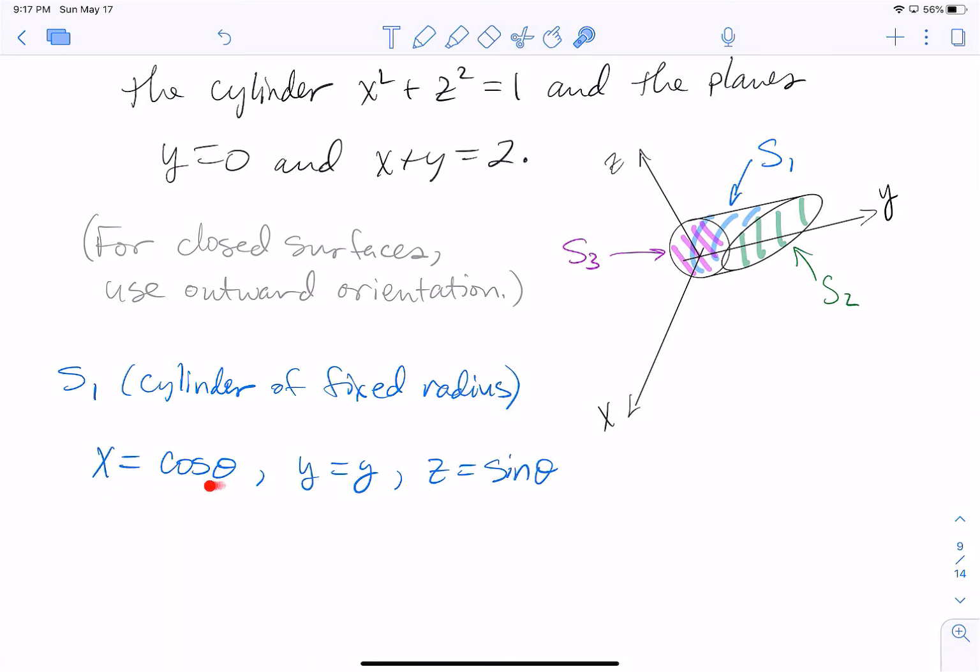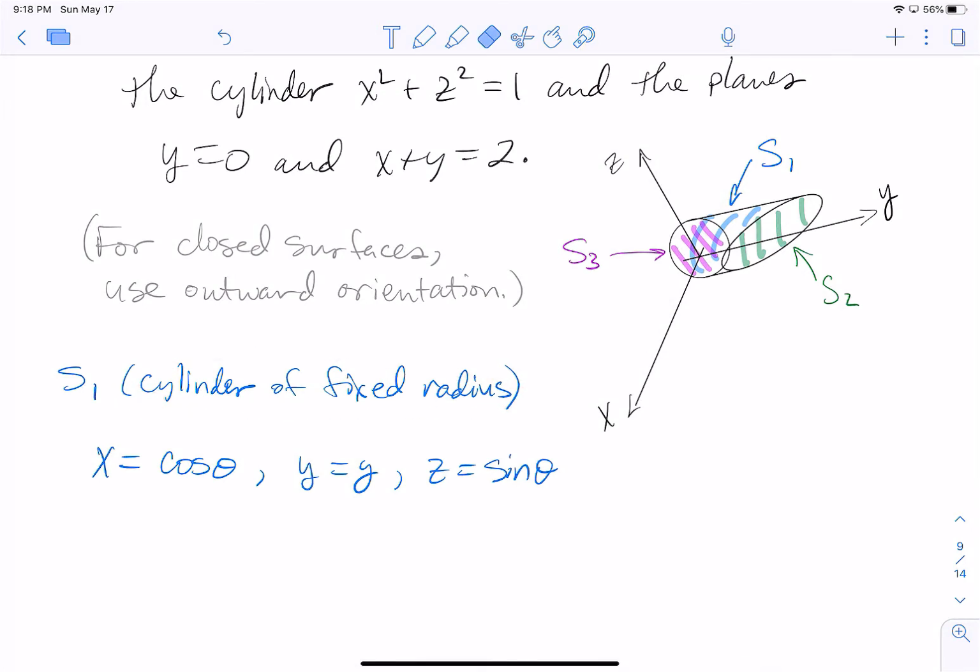We're using theta as the argument of the sine and cosine functions, and then we can use y as the second parameter. Remember, we were limited to 2 parameters. So it wouldn't do to say r cosine theta and then y and r sine theta. That would be too many variables running around. So it's to our benefit that we have a cylinder of fixed radius.